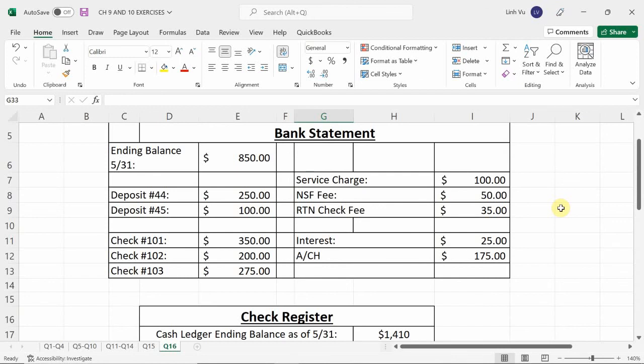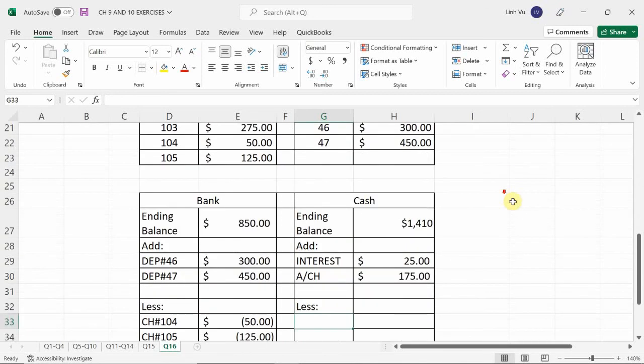And I guess it's a return, the non-sufficient funds, and the return check fees. $35. Okay, so I've got to list those all out.